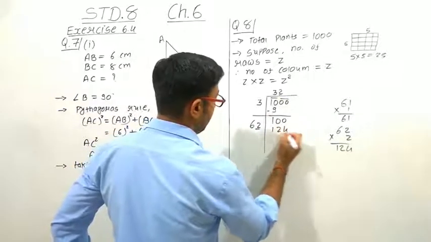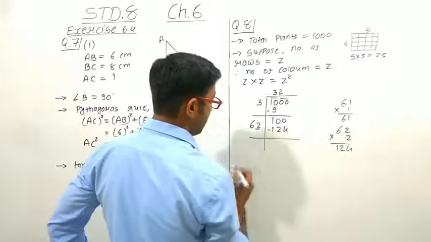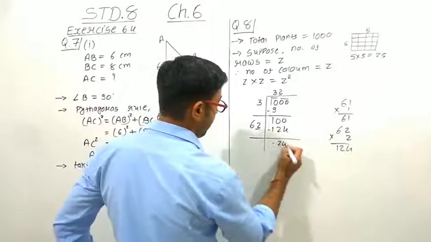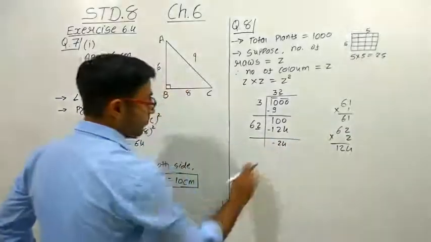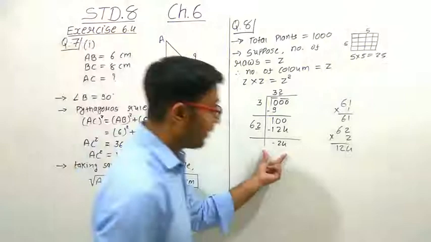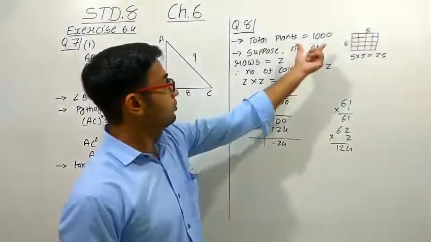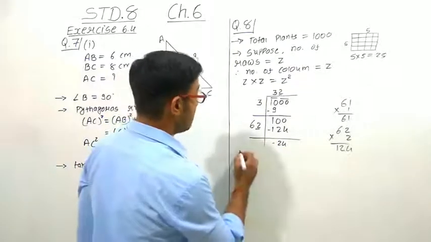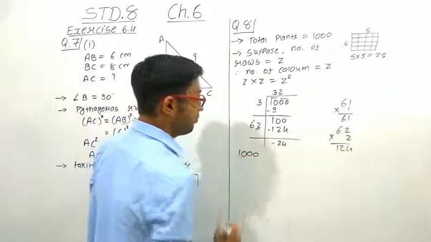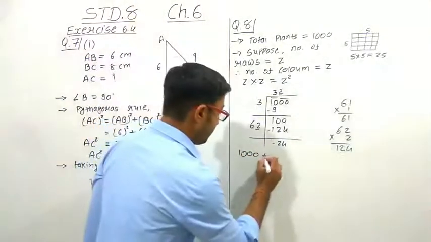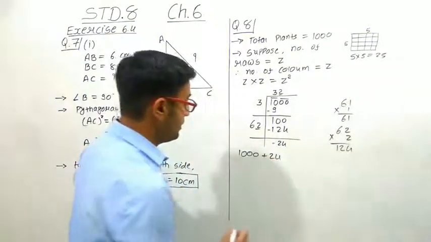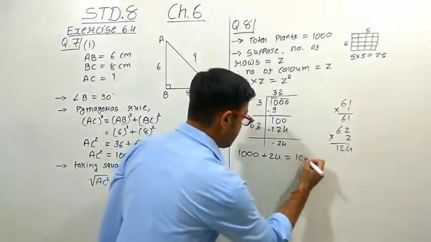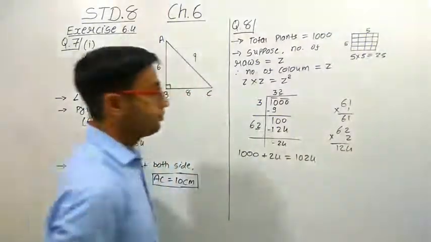Now the remainder here is minus 24. And whenever we get a minus number, that means we have to add this number to the original number. So the total plants, more plants required: we have 1000 plants. We have to add 24 to this, so that the total number we get is 1024.